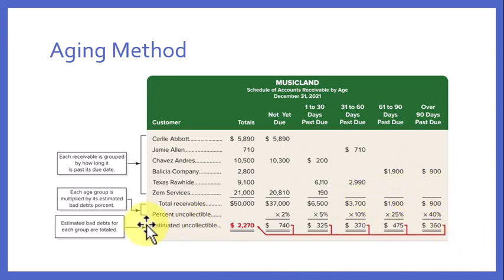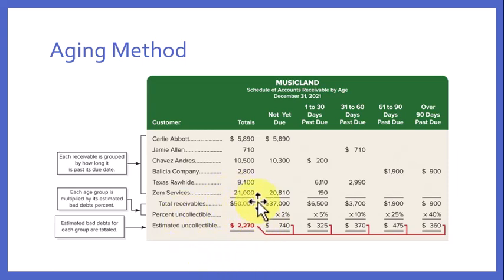And then, when we come up with our estimated uncollectible amount, we just add all of these buckets together. So 360 plus 475 plus 370 plus 325 plus 740 gives us a total estimated uncollectible amount of $2,270. Okay, so this is the balance that we want in the allowance account.